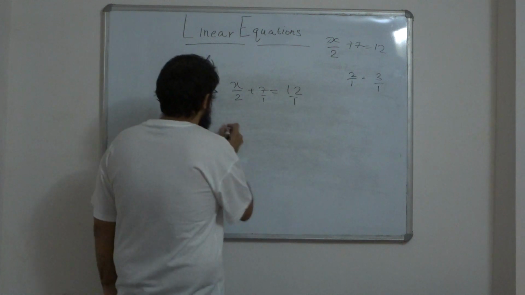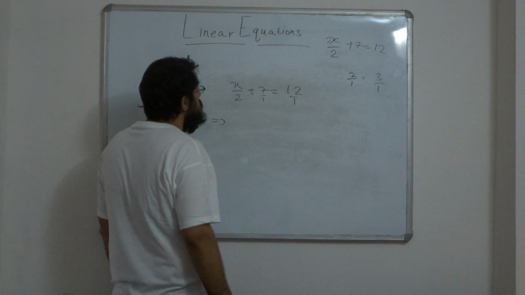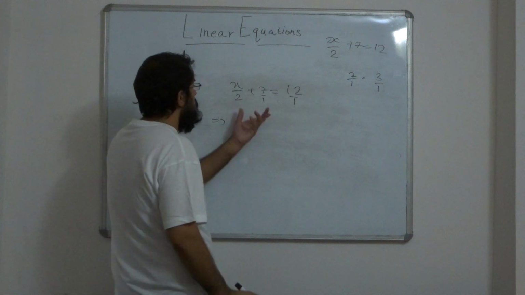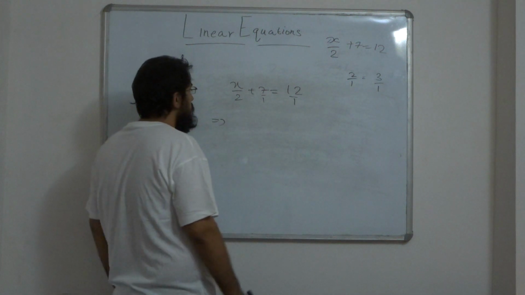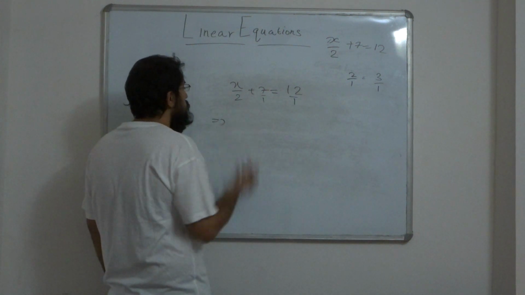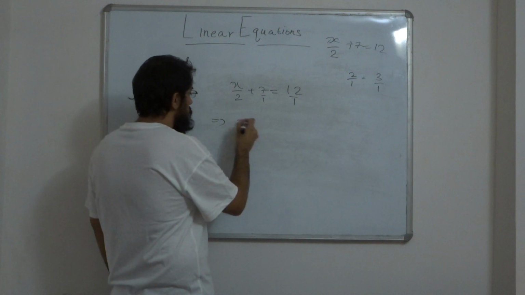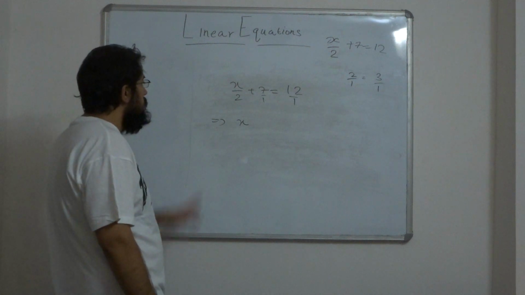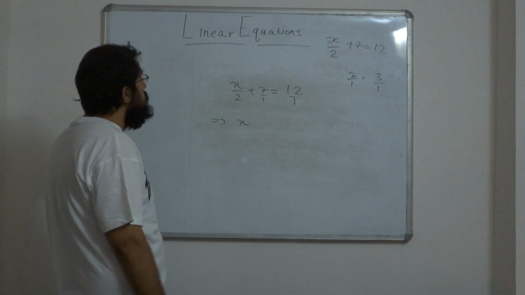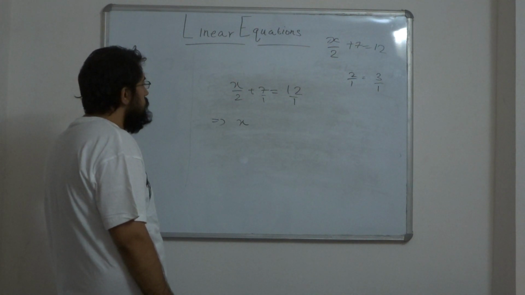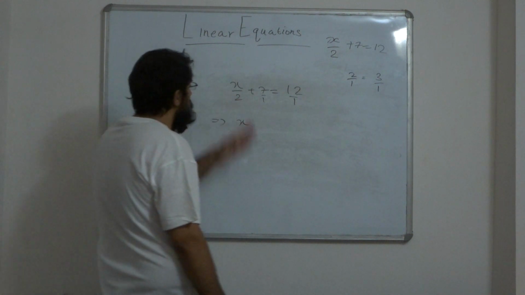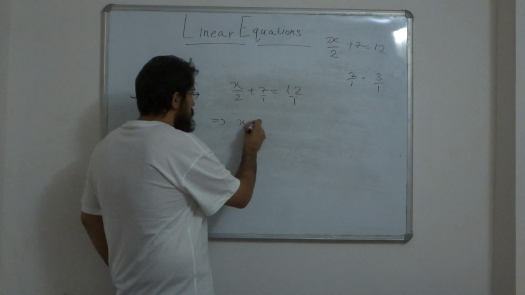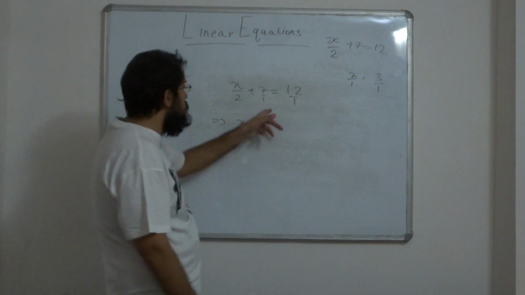So now what happens here, guys, is this. Now what is the LCM here? Obviously 2, right? 2 is the LCM. So 2 divided by 2 is 1, and then 1 times x will be x. It's the same thing we do here, guys.